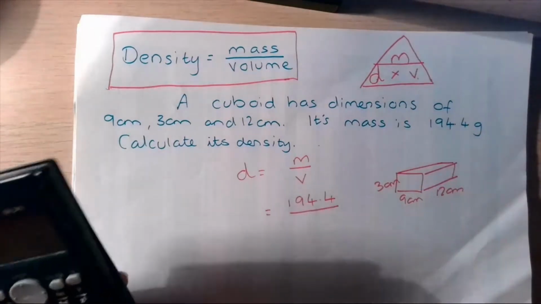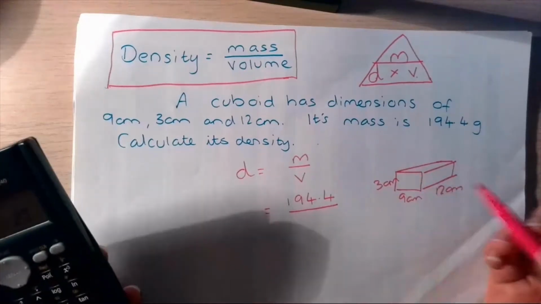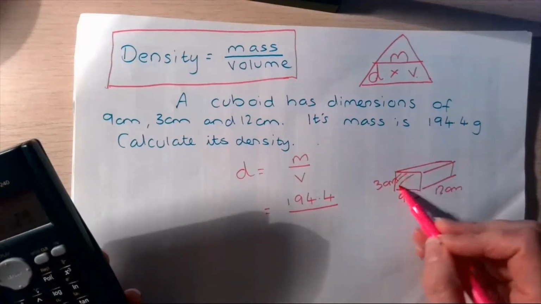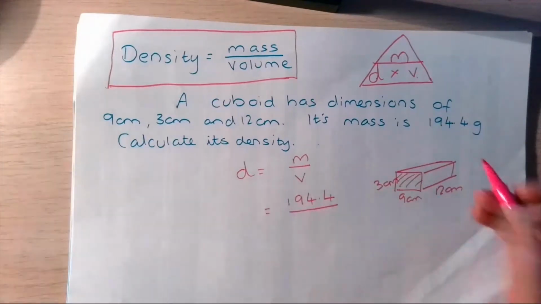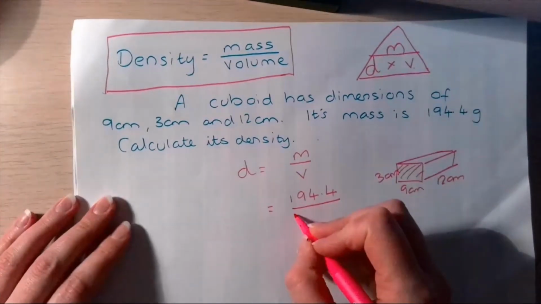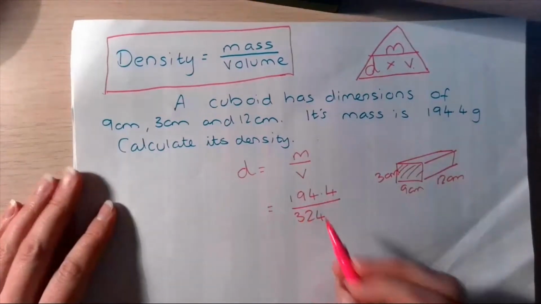So 3 times 9 is 27, so that's 27 centimetres squared. Then we multiply that by 12 to get 324 centimetres cubed. We won't write in the units in the working.